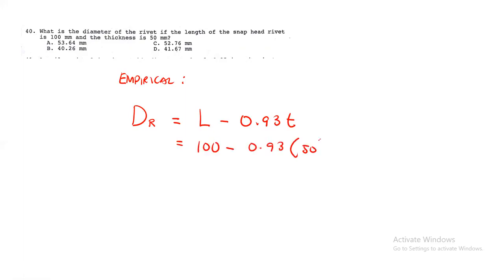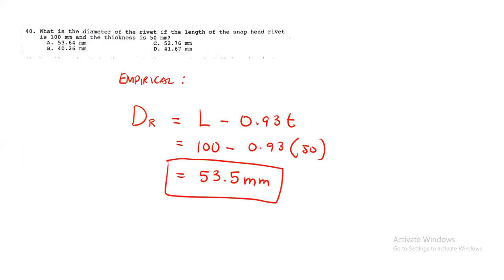So diameter ng rivet is equals to length minus 0.93 times thickness. So ilan yung length natin? 100 minus 0.93 times 50. So lalabas dito is 53.5 mm. So the closest answer is letter A.